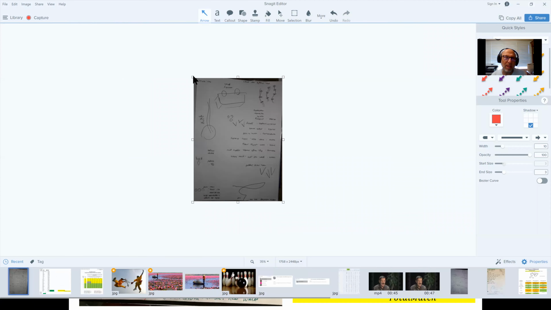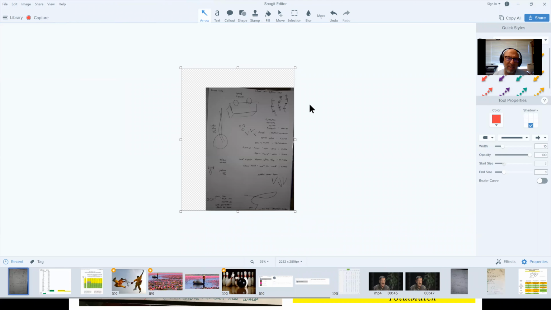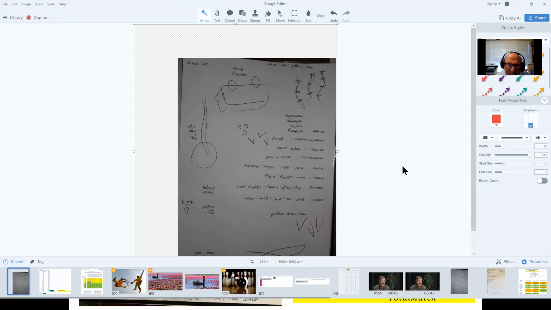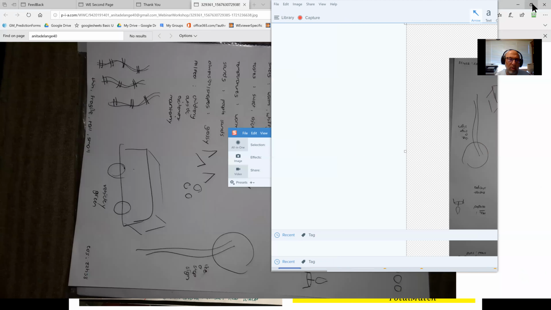I don't know if I can make that bigger. Oh, I know how to make it bigger. I'll make it bigger this way. Resize. Image. Okay, so let's put that one over there.